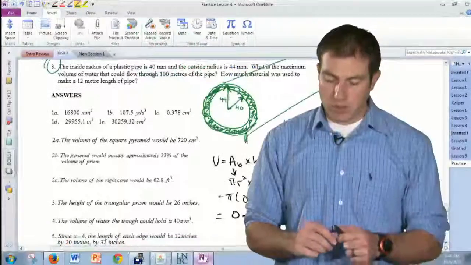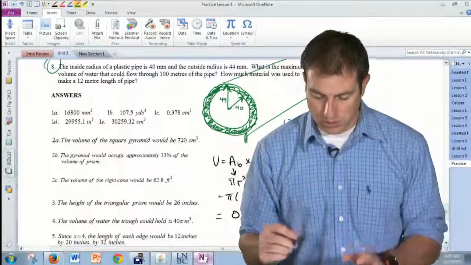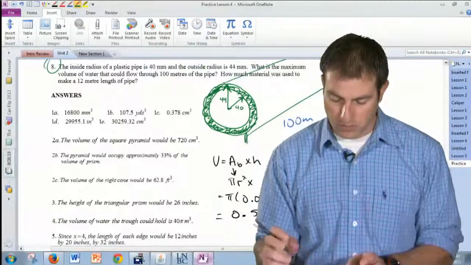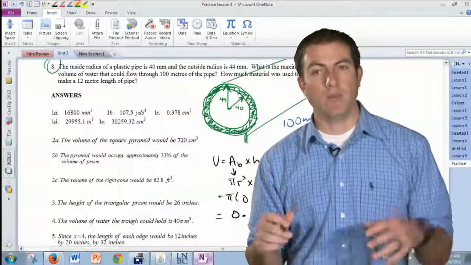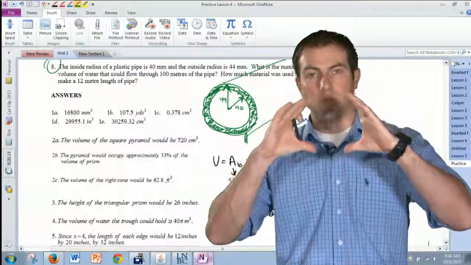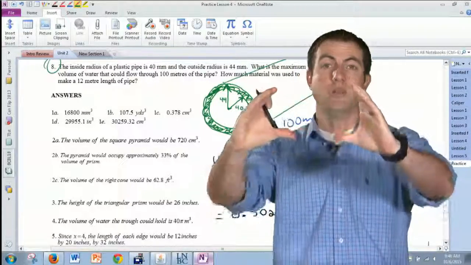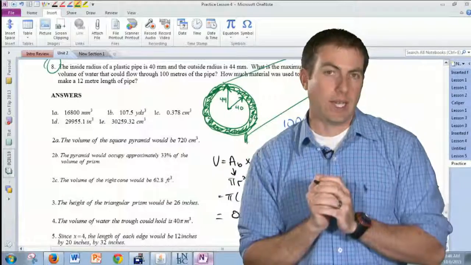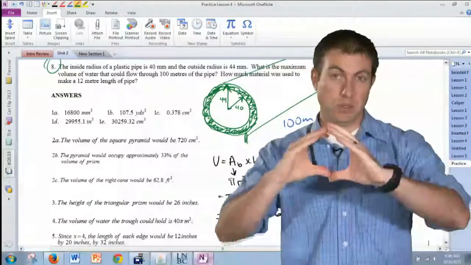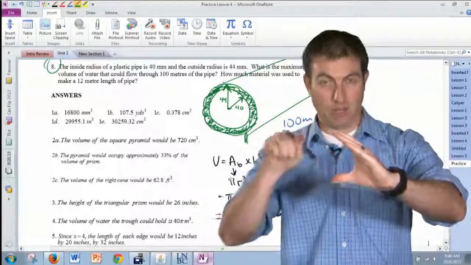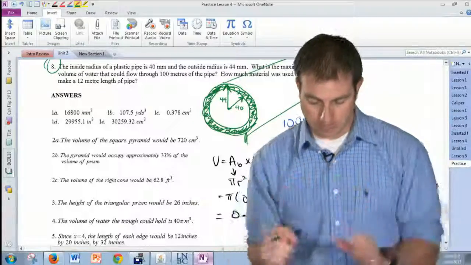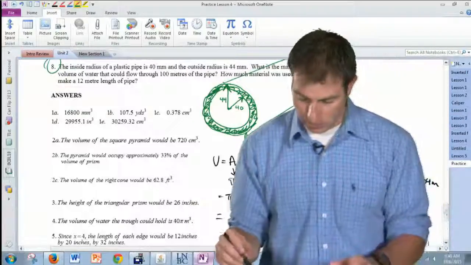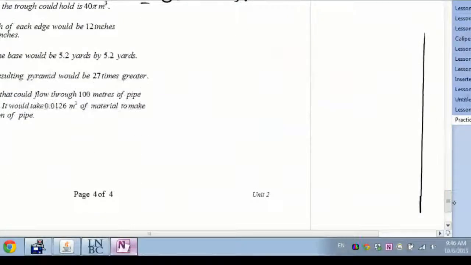Now, the best way to do this is if we knew the total volume of this thing, the outside diameter, we could figure out as if it was a solid piece of pipe, 12 meters long. And then once we knew the solid piece of pipe, we could figure out the inside volume and we could just subtract it.